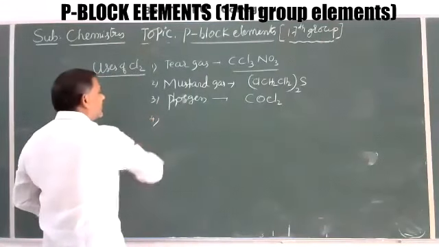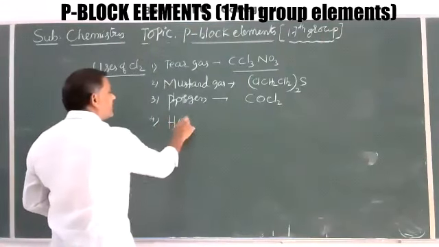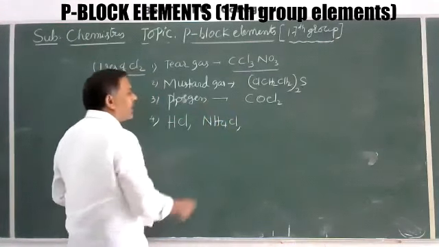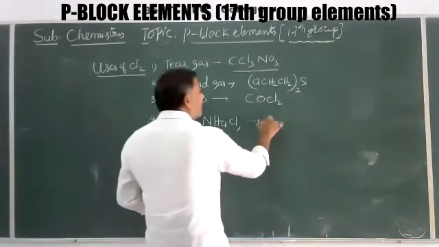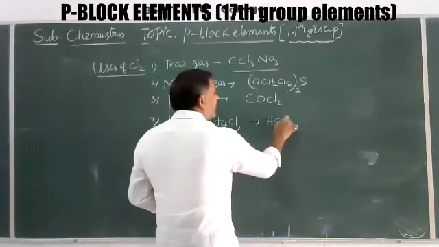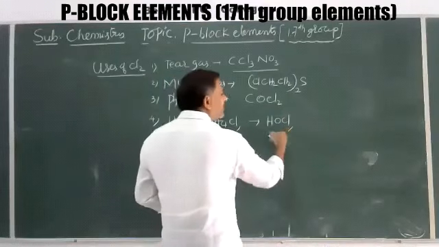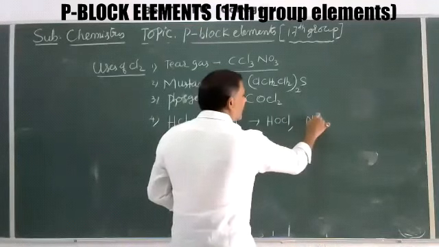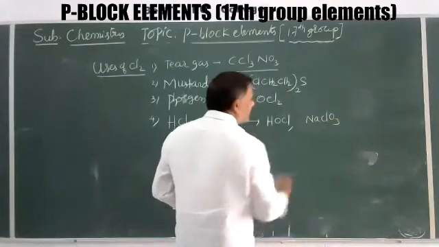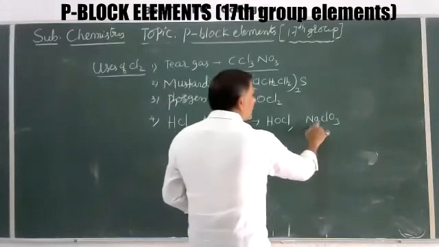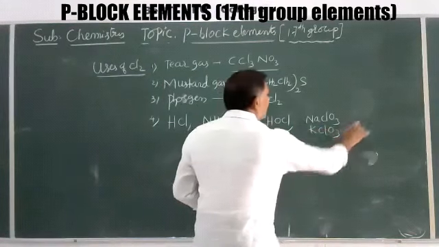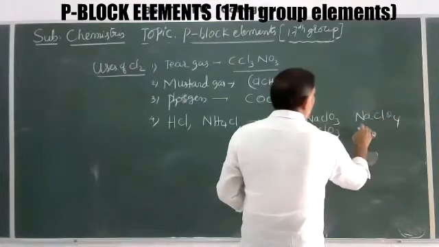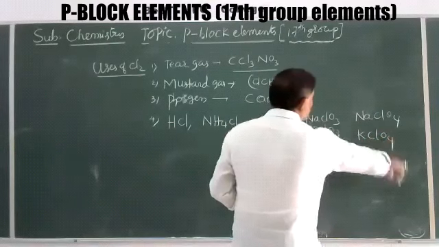Along with this, chlorine is used to prepare HCl, ammonium chloride NH4Cl, or to prepare some important salts like NaClO3, sodium chlorate, potassium chlorate, or perchlorates like NaClO4 or KClO4, like this.